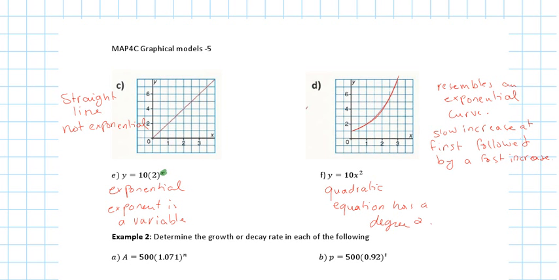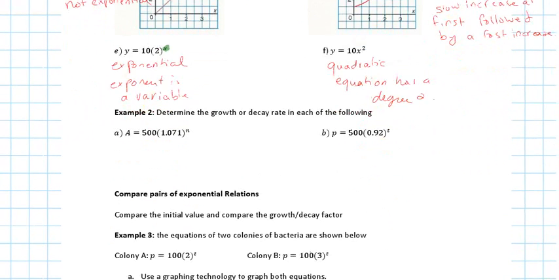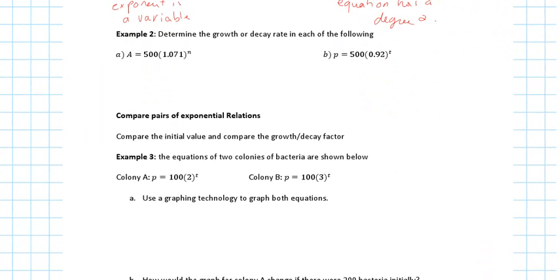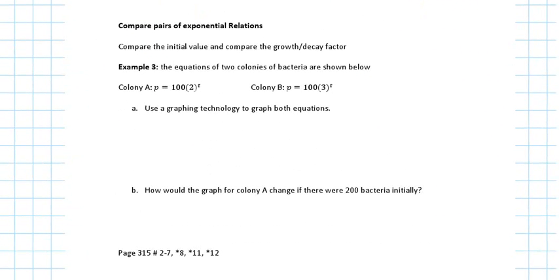So here's what I want you to do for the next two equations. For example 2, you're going to have to determine the growth or decay rate. And then for this one, you're going to use Desmos to graph these two equations. And then you can sketch it here if you want, but use technology to graph.